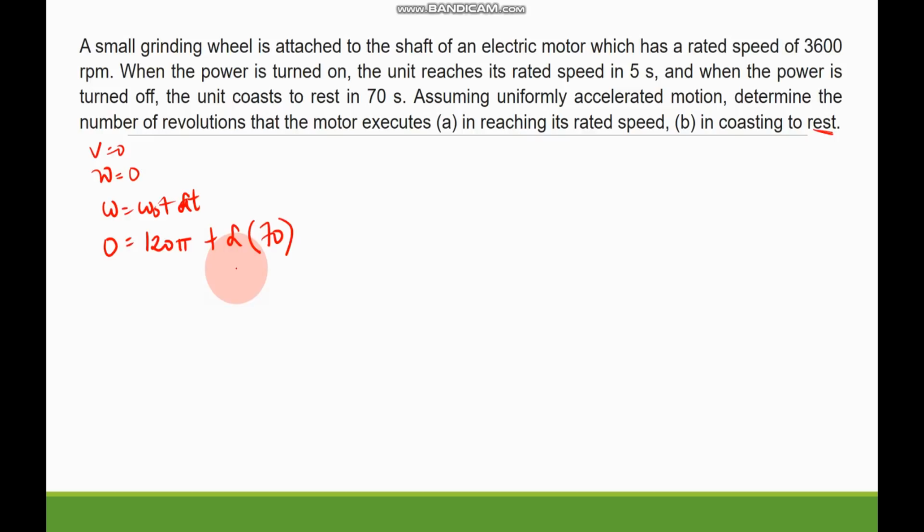Since the velocity will soon come to rest, we will change the sign into negative. Therefore, our angular acceleration will now be equal to 12 over 7 pi rad per second squared. And we have our formula for angular coordinate.